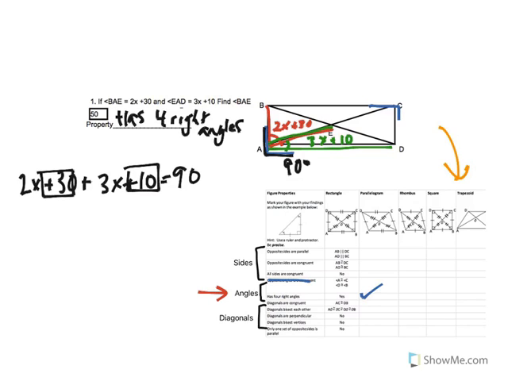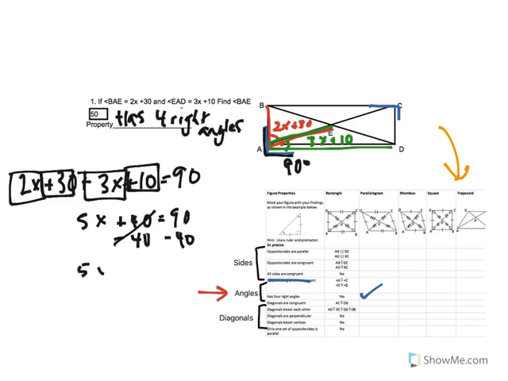I have plus 30 plus 10, I get plus 40. I have 3x plus 2x, I have 5x plus 40. Minus 40 from both sides to get x by itself. I get 5x equals 50, divide by 5, x equals 10.